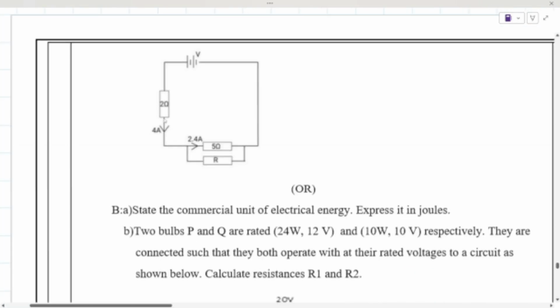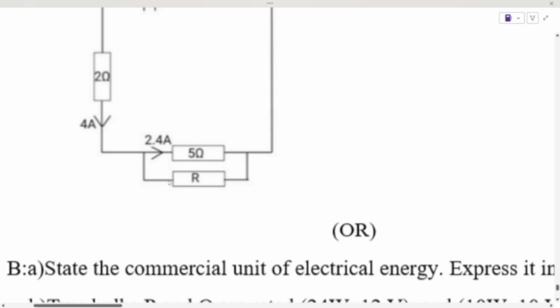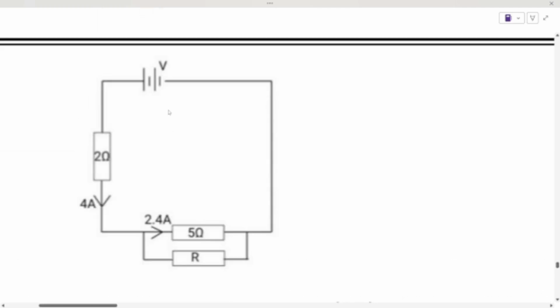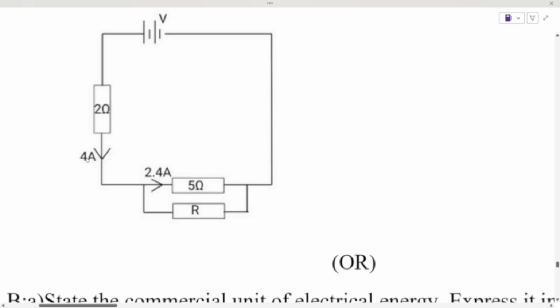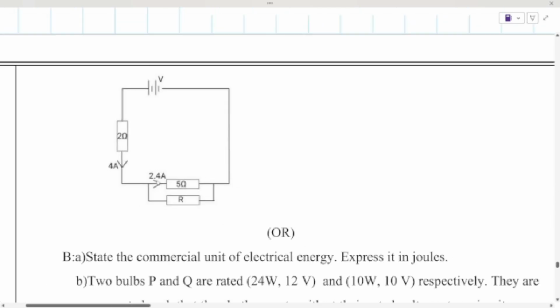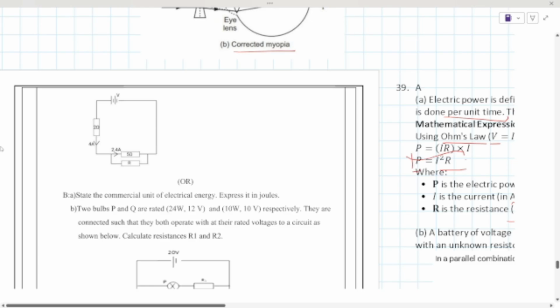So as we can see here, 5 ohm, 12 volt, 4 ampere. Here it's ampere. We have to do it one by one.